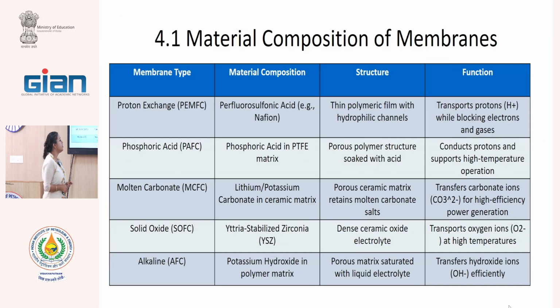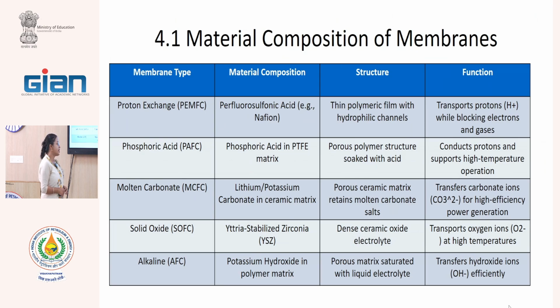But in phosphoric acid fuel cells, why do we need the phosphoric acid? Because you need more phosphoric acid to transport the protons, like phosphoric acid acts as a vehicle for transport. Okay. The MCFC has a porous ceramic matrix with molten carbonate, otherwise they cannot transport the ions.